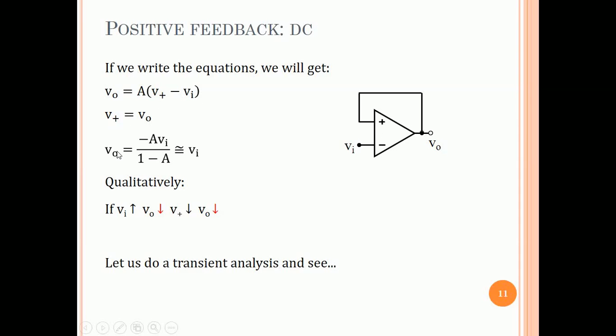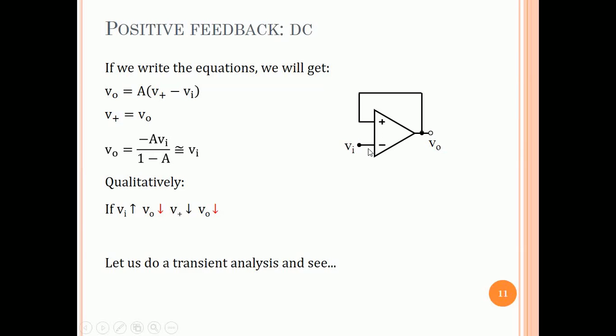When we solve for VO, we get VO equal to minus A VI divided by 1 minus A. If A is much greater than 1, then we ignore the 1, the minus signs cancel, and we get VO approximately equal to VI. Even for this circuit, VO is approximately equal to VI.